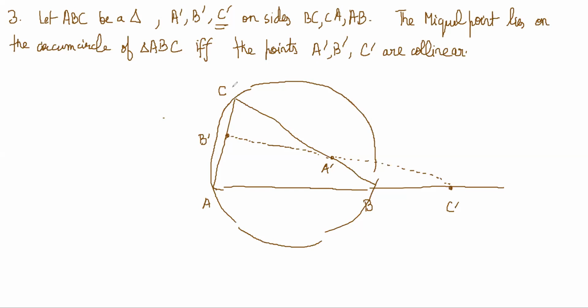So it will be hard to draw, but I'll try. There will be one circle like this. One circle like this. This is the circumcircle of this one, A dash B dash C.